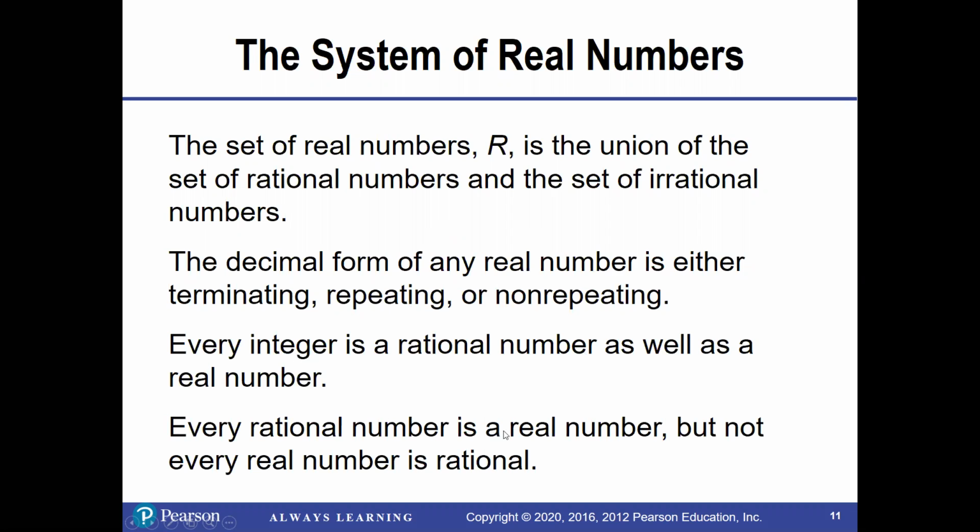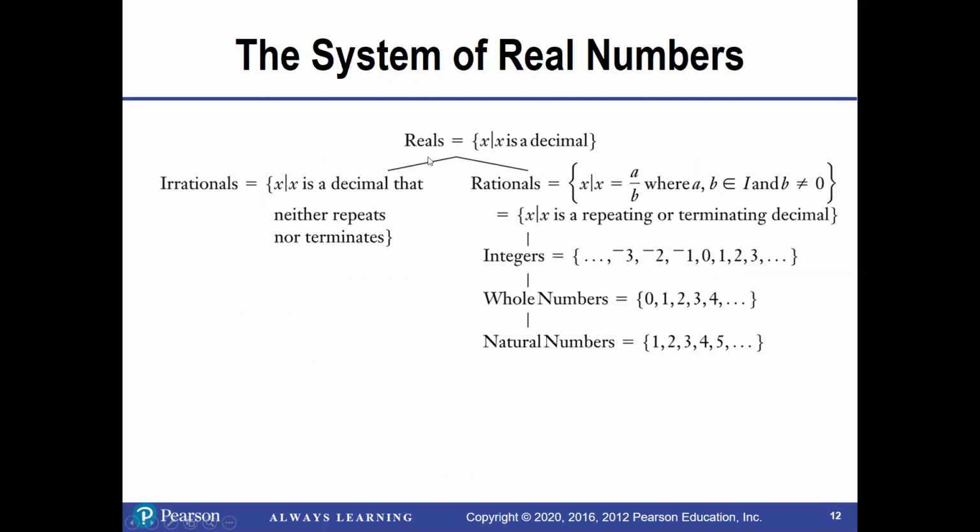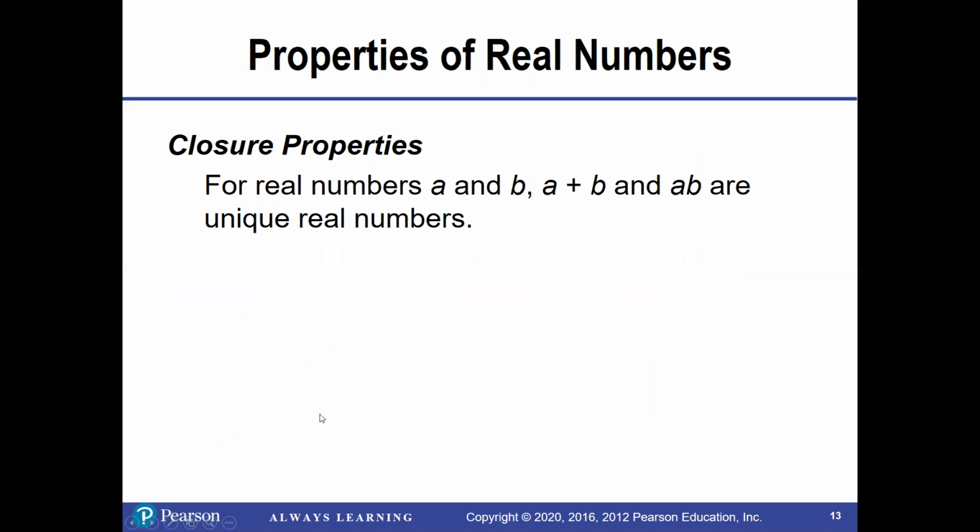Every rational number is a real number, but not every real number is rational. So basically, all reals break down to irrational and rationals. And then integers, whole numbers, and natural numbers are all inside the rational realm. None of these on the right side can go into the left side. And that's a big thing that you've got to be able to understand.